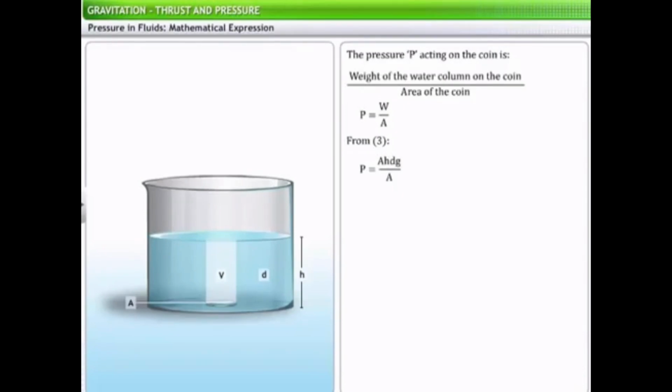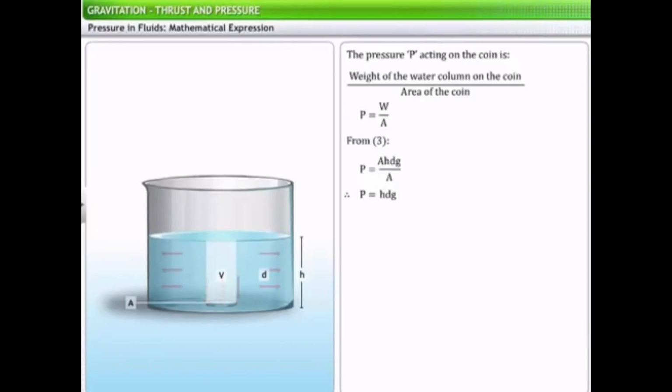This gives the expression of fluid pressure P. P is equal to h D g, where h is equal to height of the water column, D is equal to density of the water, and g is equal to acceleration due to gravity.